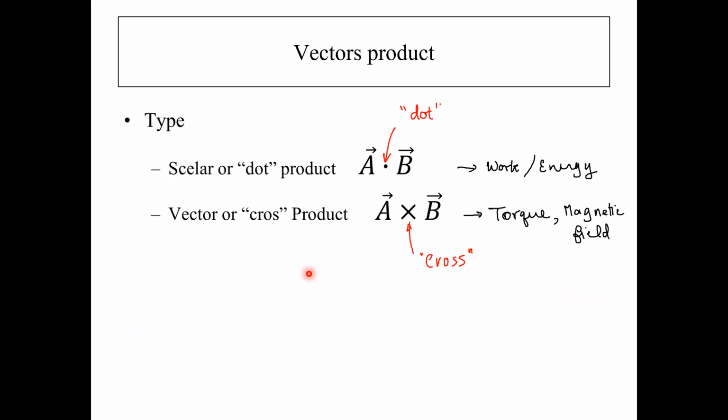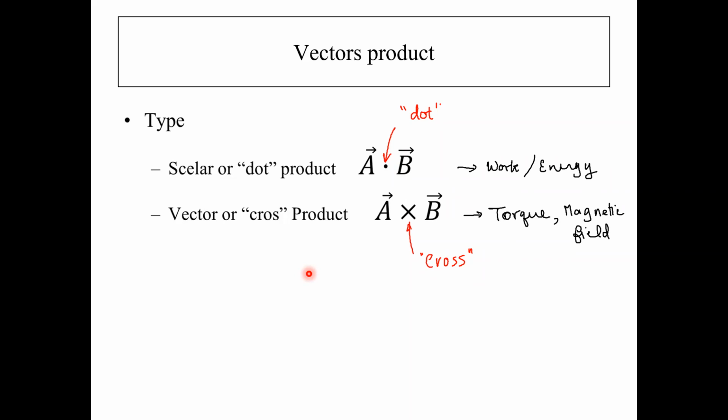Now we come to the topic of today, before we have a quiz at the end of the class, which is the scalar product and the vector product. Vectors have summation and subtraction properties, so they must have properties of multiplication.